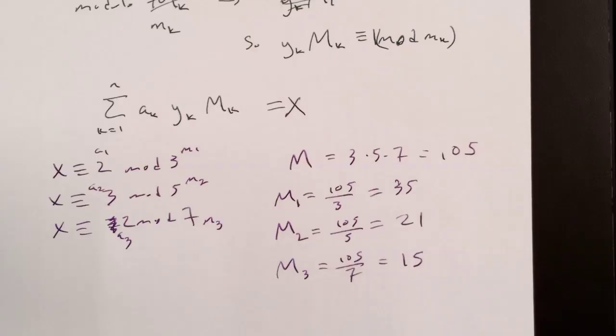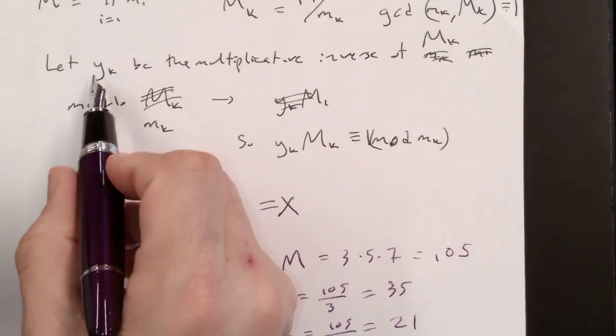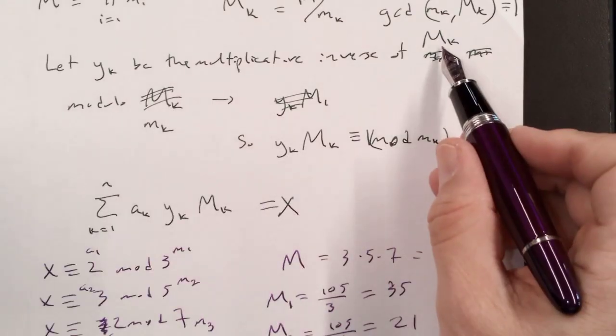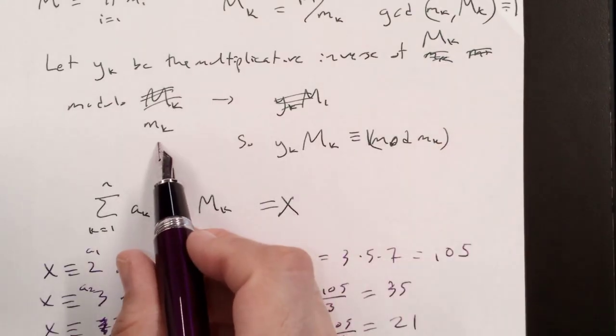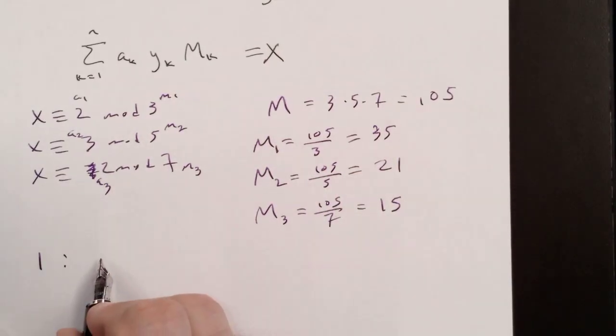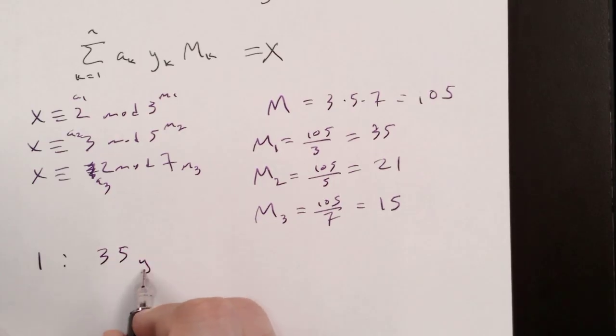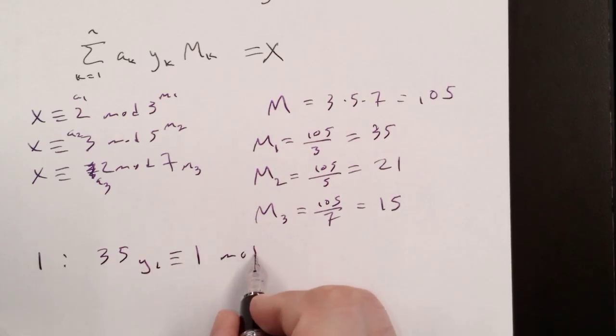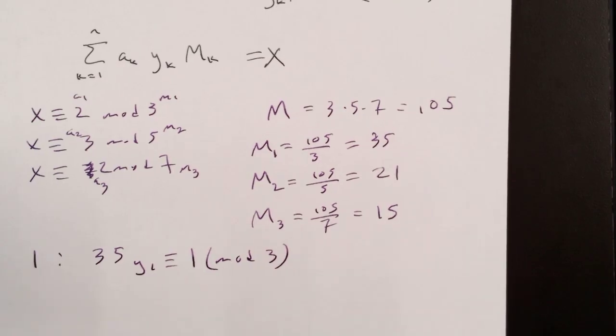Here's the deal. I need the multiplicative inverse of this number mod this number. So 1, I need the multiplicative inverse of 35 mod 3. Hey, wait a minute, 35 is bigger than 3. What's 35 mod 3? 33 with 2 left over, right?